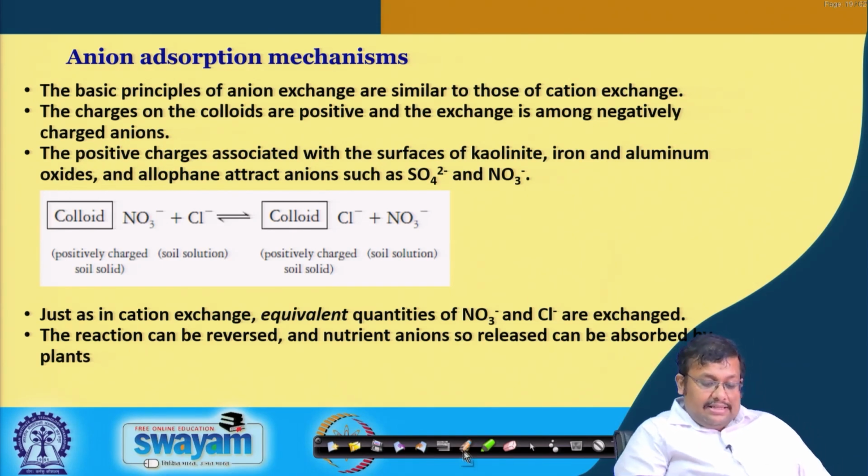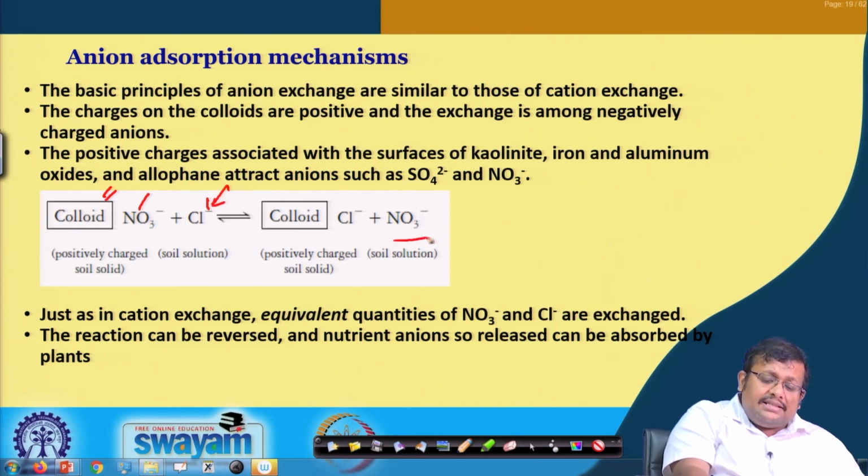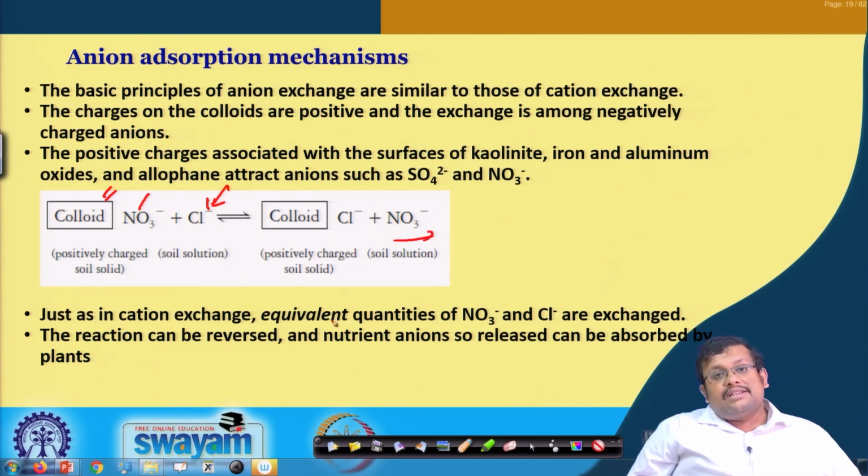Here you can see that this is a colloid surface which is positively charged. Let us assume this is a 1:1 type of kaolinite which is attached with these nitrate anions. If we add chloride, then chloride will replace this nitrate. This is an example of an anion exchange reaction.